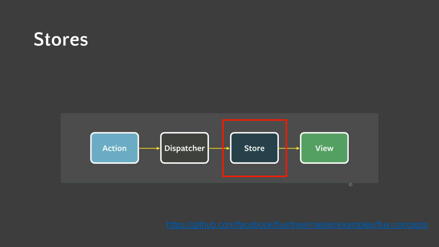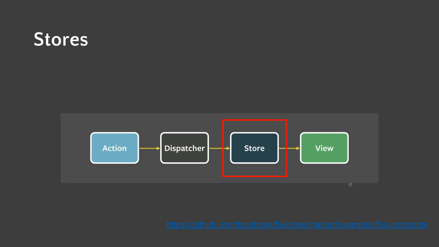Then we have the store. The store contains the application state and logic, and manages the application state for a particular domain within the application. So the data in a store must only be mutated by responding to an action. This is the only way to mutate data inside the store.